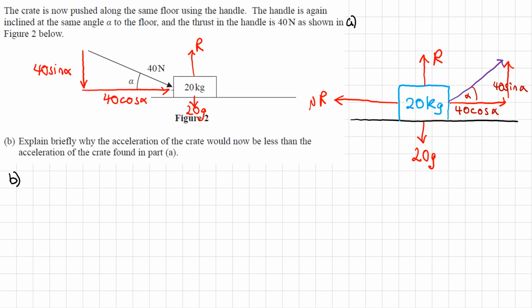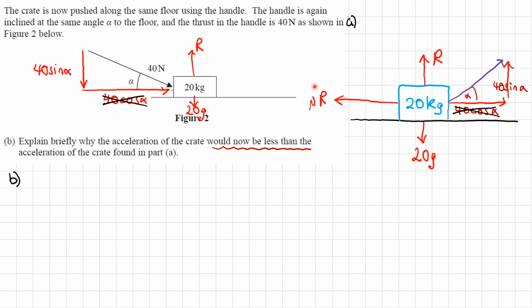Now, if the acceleration is now less in this part of the question, it means that the forces have changed. Well, the 40 cos alpha hasn't changed, so let's cross that out because that's the same as it was before. It's still pointing in the same direction, it's just on the other side of the block. That's going to make no difference to the acceleration.